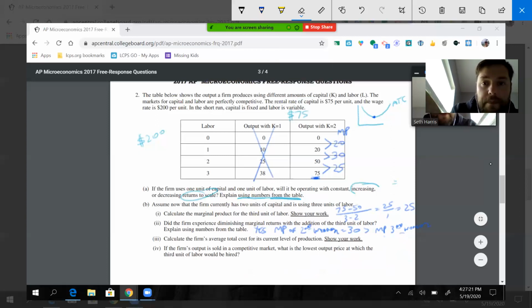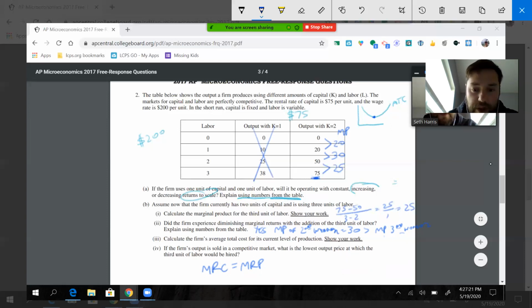I think the best way to think about this is to set marginal resource cost equal to marginal revenue product. If the price is bringing in just enough revenue to justify the cost of that third worker, then we'll hire that third worker. But if it falls below, then they wouldn't hire that worker. So we're going to set these equal.